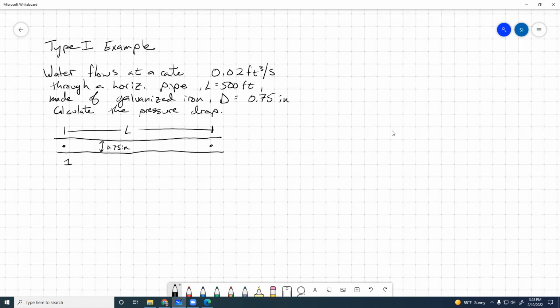And we'll say this is point 1, this is point 2. All right, now we're going to get into this rhythm here with the energy equation. So let's do it together. What we're going to do is the energy equation from point 1 to point 2, and then we're going to solve for what we need to solve for.